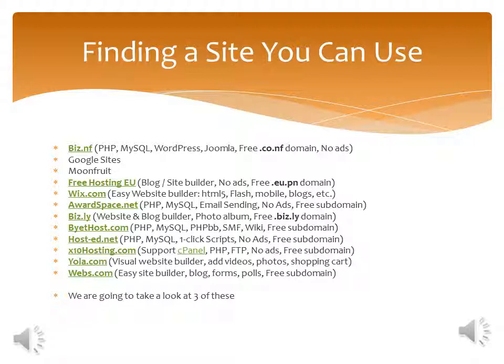And we're going to be actually looking at 3 of these during class today. We're going to be doing Google Sites, Moonfruit, and Webs.com. The rest of them, Wix.com is another great, easy website builder. So we may actually go over Wix.com, but if there's not time, we're definitely going to do Google Sites, Moonfruit, and Webs.com. Some of these cost.